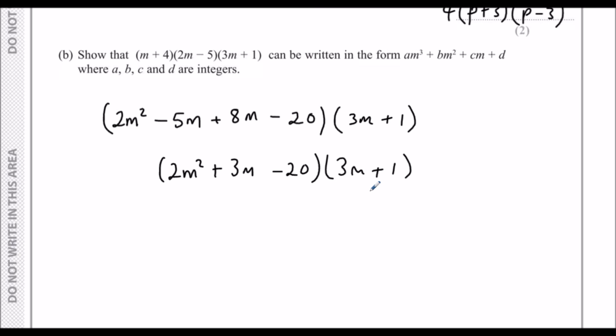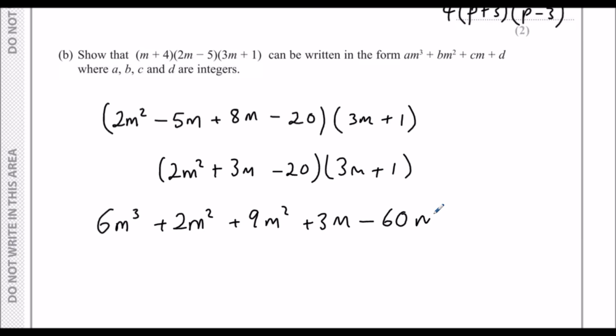So 2m squared times both the terms, 3m times both the terms, and minus 20 times both of these terms. 2m squared times 3m, 2 times 3 is 6, m squared times m is m cubed. 2m squared times 1 is 2m squared. 3m times 3m is 9m squared. 3m times 1 is 3m. Minus 20 times 3m is minus 60m. And minus 20 times 1 is minus 20.